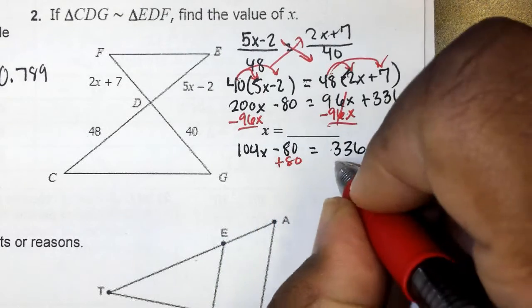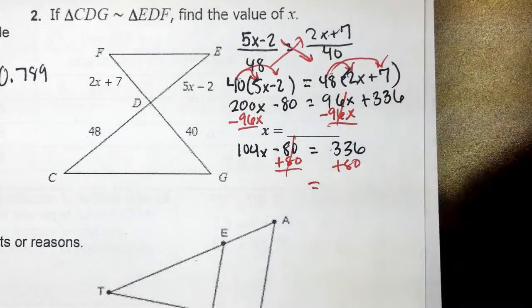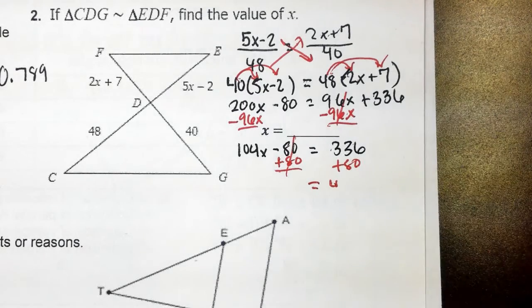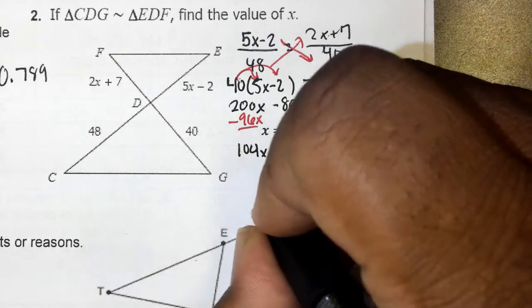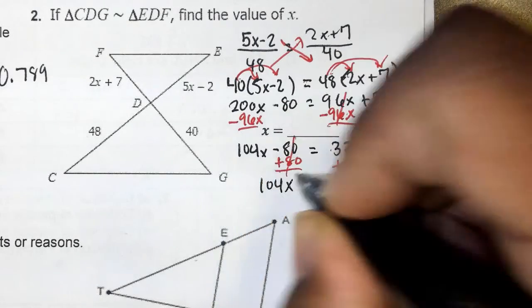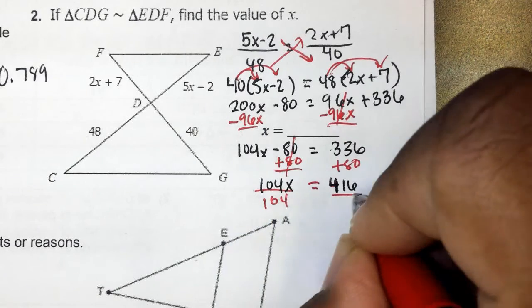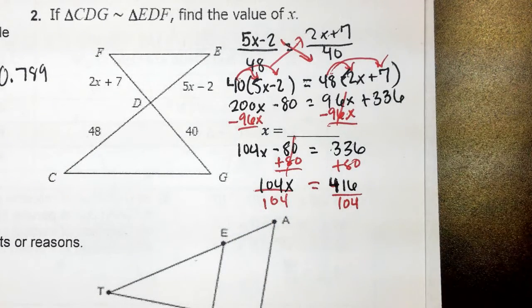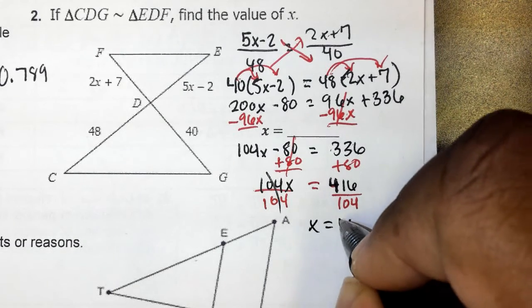Add 80. Add 80. 416. 104x, divide by 104. X equals 4.